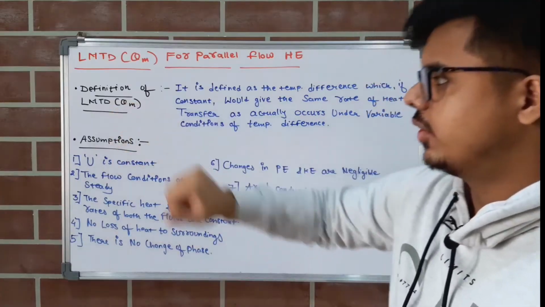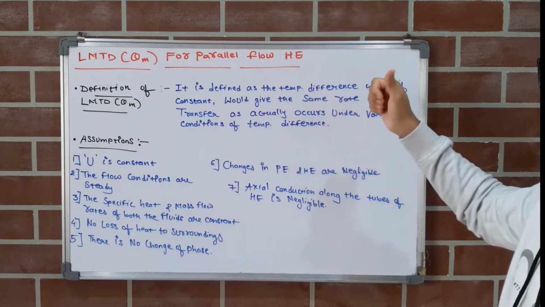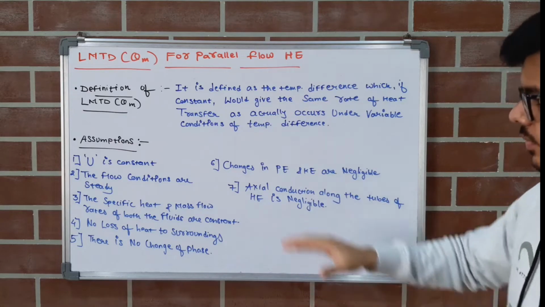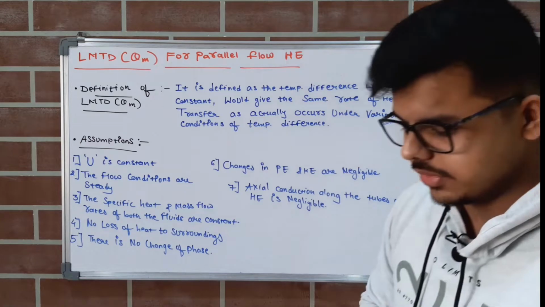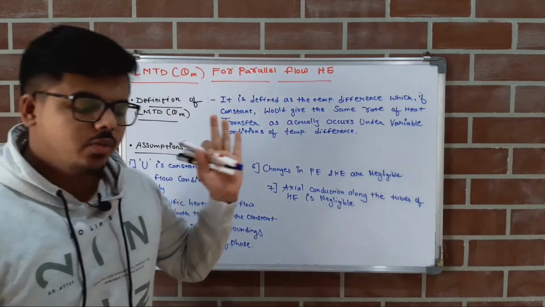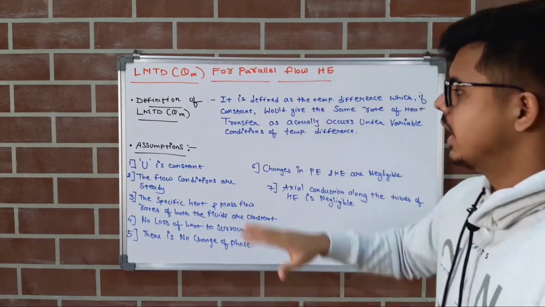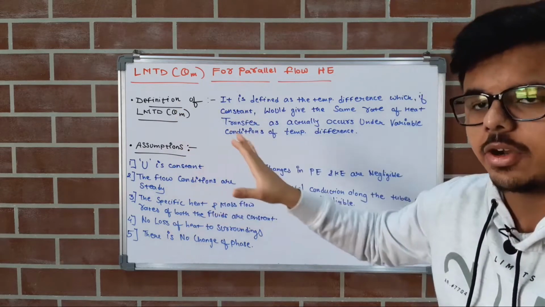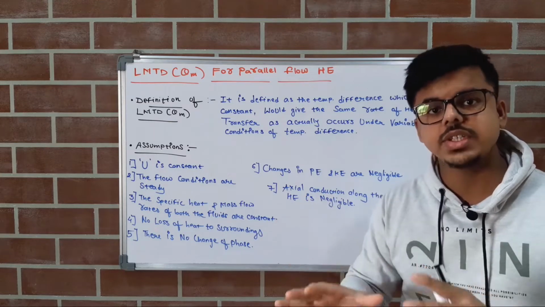So the definition of LMTD is, it is defined as the temperature difference which, if constant, would give the same rate of heat transfer as actually occurs under variable conditions of temperature difference. This is exactly the same definition which we will get in the textbook. But what do you mean by this definition? So I will explain. This theta m is a kind of temperature difference which we consider on paper that would give the same results.